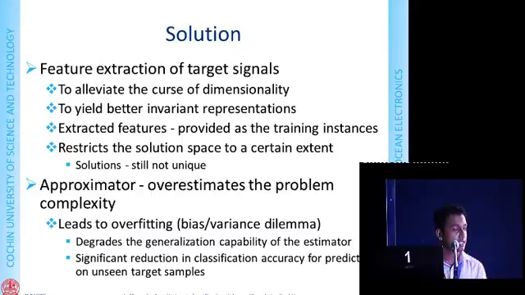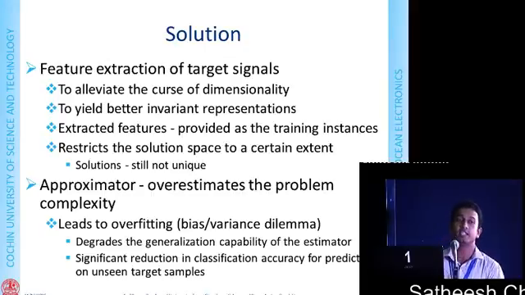In such a case, the approximator overestimates the complexity of the problem, leading to a phenomenon of overfitting, which I will discuss in later slides. This overfitting degrades the generalization capability of the estimator and results in a significant reduction in classification accuracy for predictions on unseen target samples.